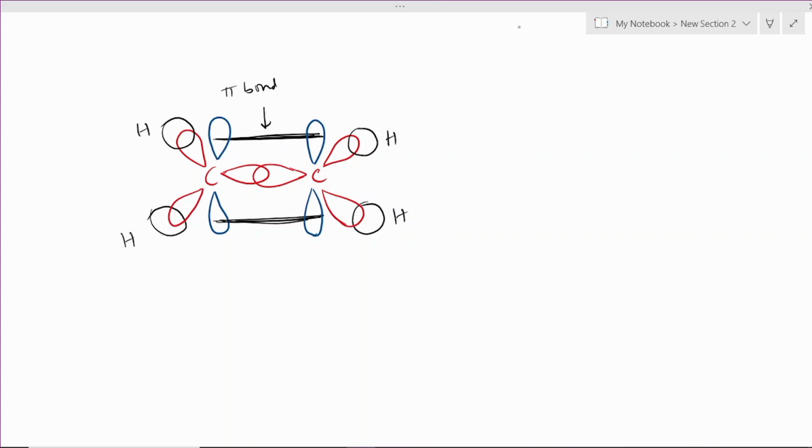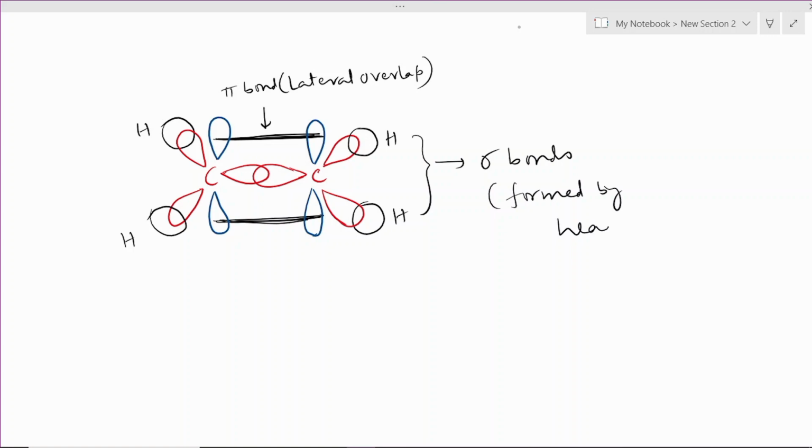This is pi bond, which is formed by lateral overlap. These are sigma bonds formed by head-on overlap.